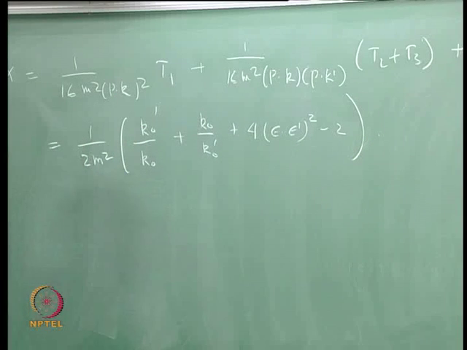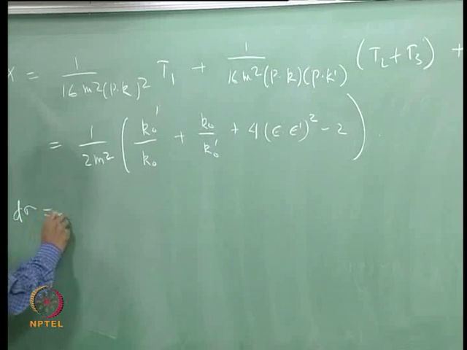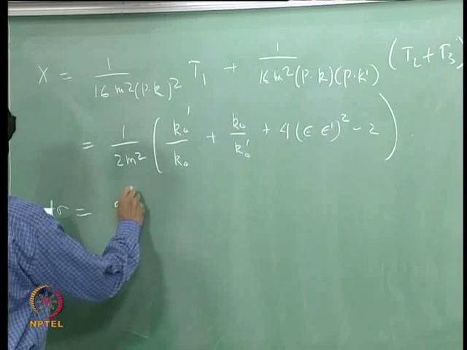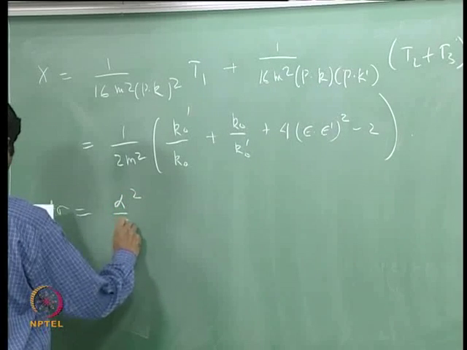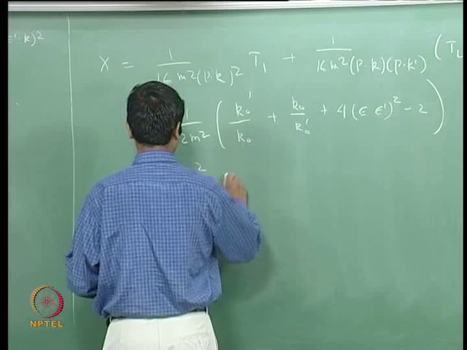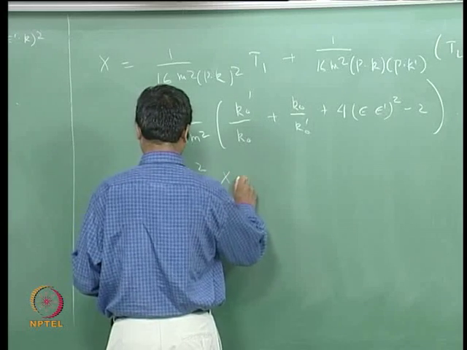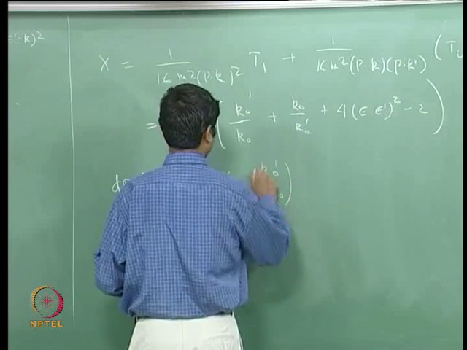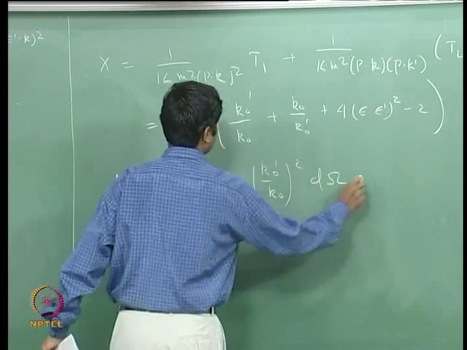This is what we get for x, and d sigma is nothing but alpha square over 2 into x into k0 prime over k0 whole square d omega.